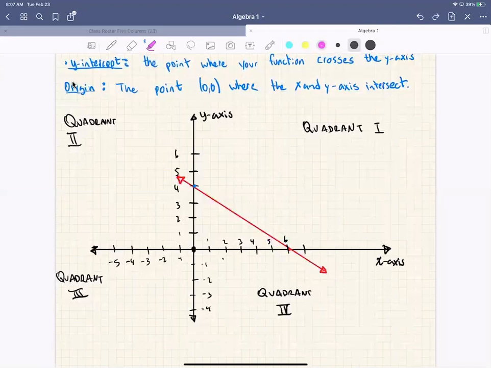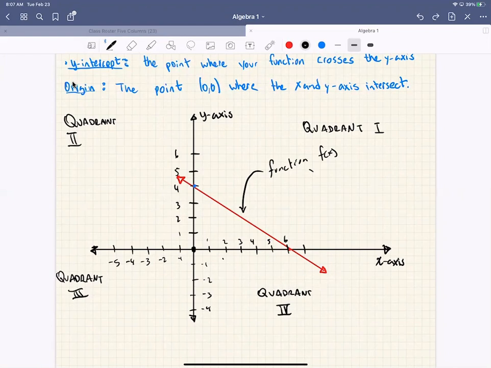That's what we're gonna call our function. So this is our function f of x. Sometimes we call it y, but that depends on the problem we're working on.